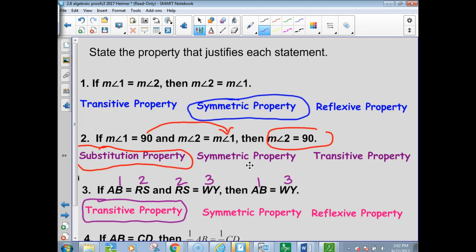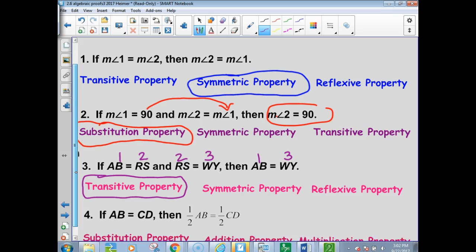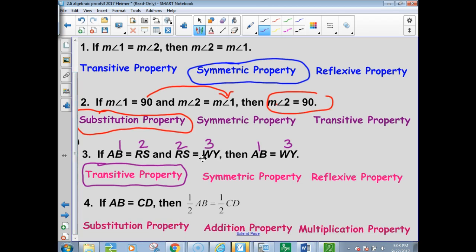Now, if you think about it, isn't transitive sort of like making substitutions? Very, very similar. So when I am assessing your knowledge of this, I make it clear it's going to be the transitive, but I almost always will accept those interchangeably because they're so similar in some ways. So we'll talk about that in proofs later.